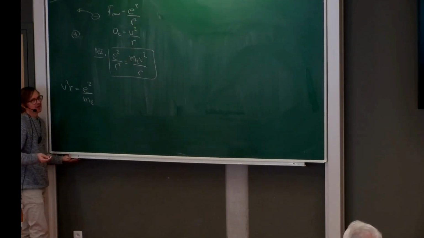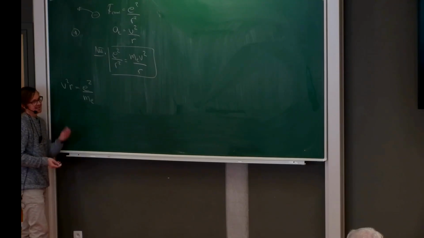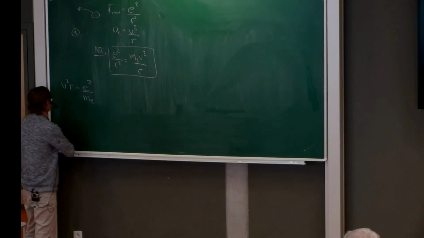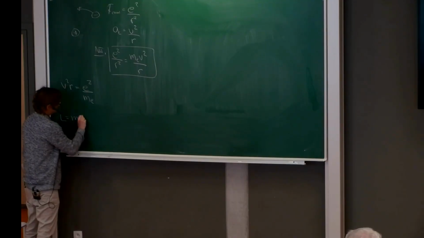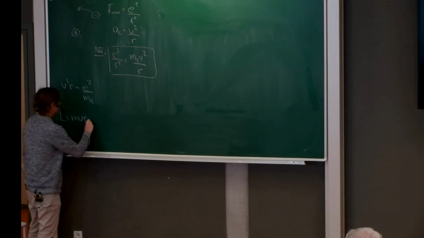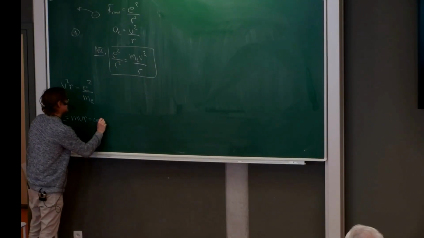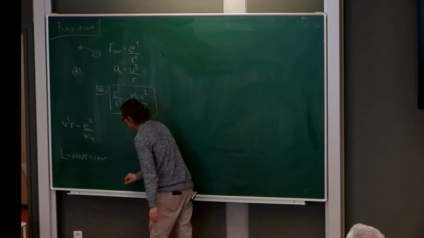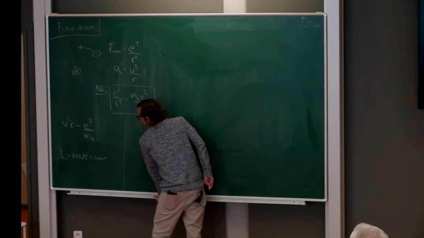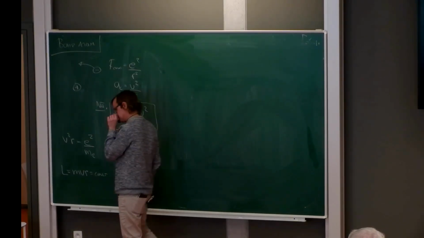And then, as you know, it also follows in orbital mechanics that you can set up the angular momentum, m v r, which is then another constant which can take any value. So you have the two constants of the motion.